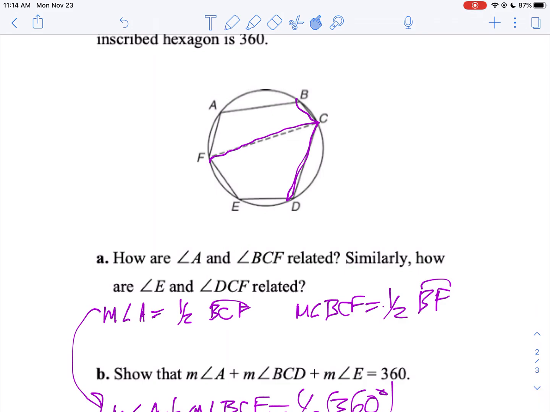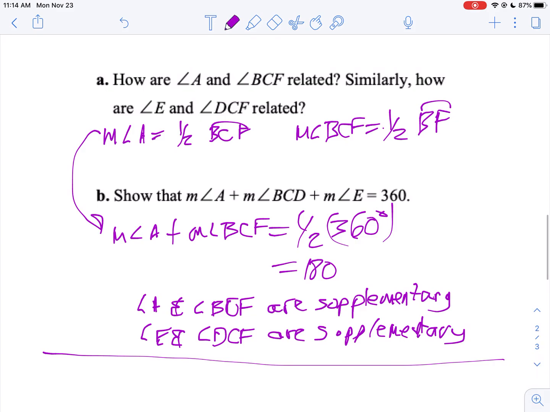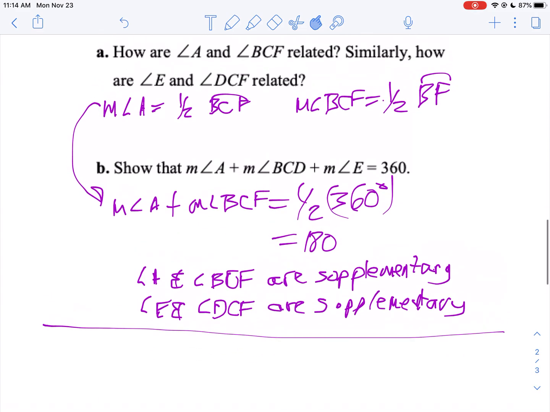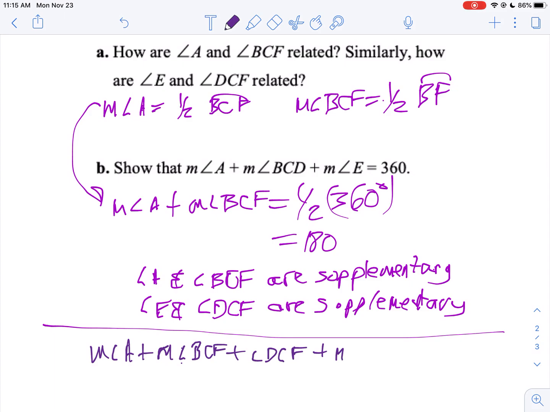So instead of saying angle BCD, I'm going to say the measure of angle A plus, instead of BCD, angle BCF plus DCF, using the angle addition postulate, plus the measure of angle E.